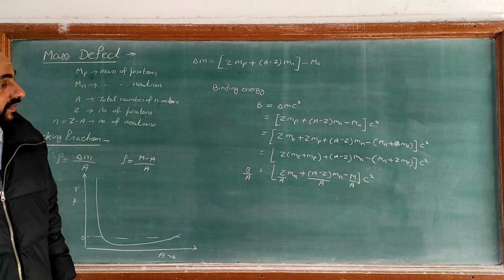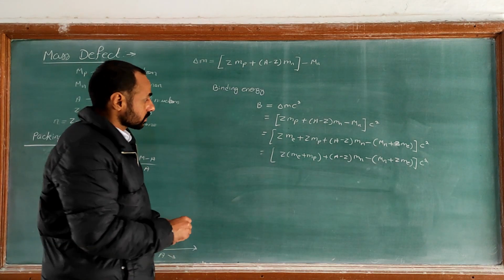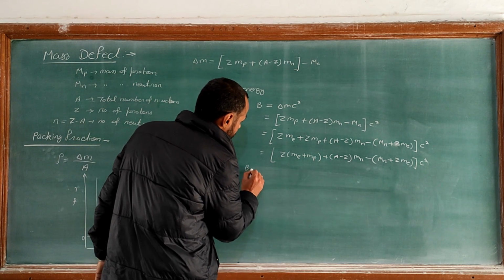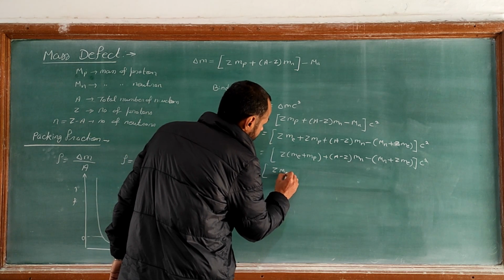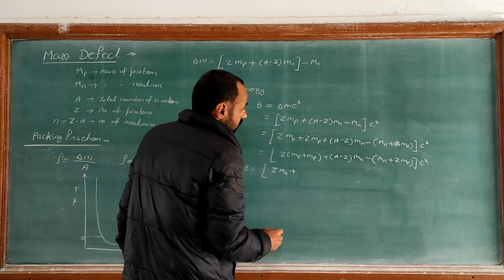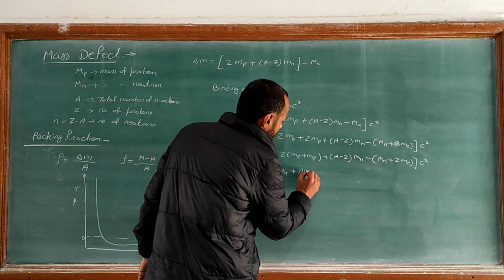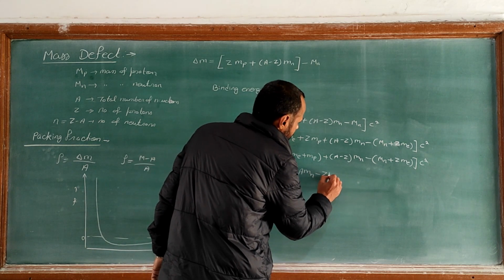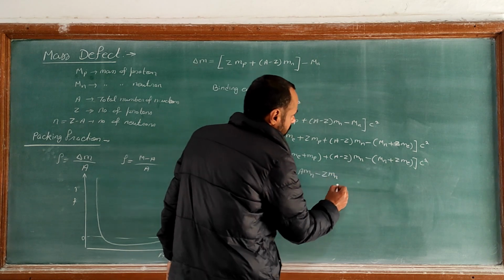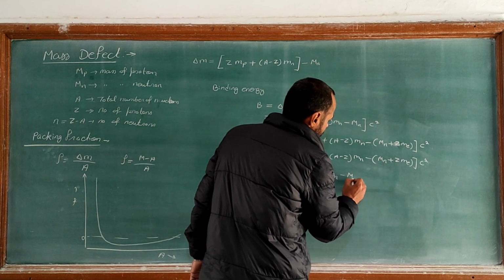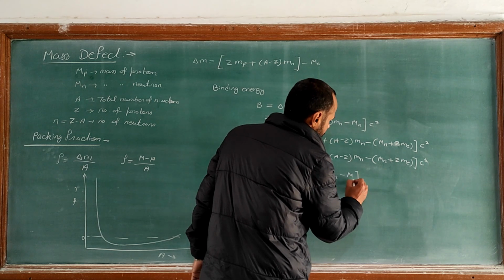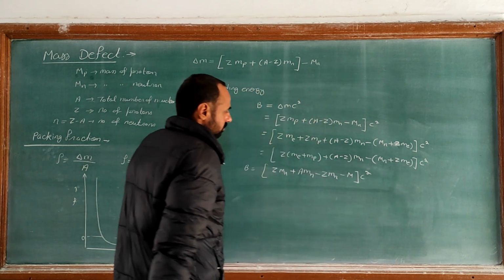So finally we have binding energy by A equal to Z MH plus (A minus Z) Mn minus Mn, so that is the total mass of the atom. So I represent it by capital M, so M c squared.